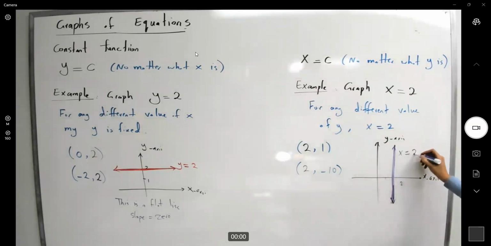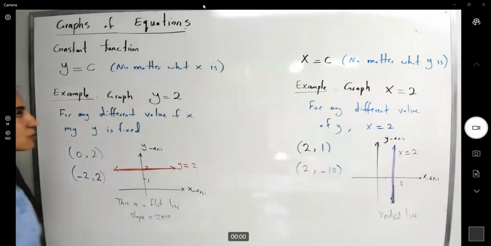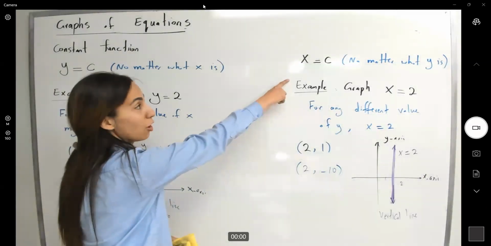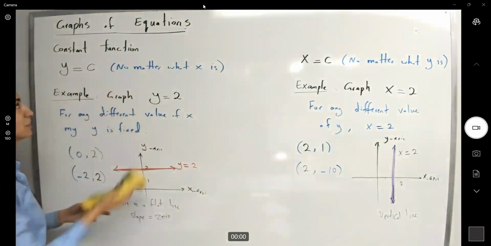X equals 2, vertical line. So this is a constant function, but this is just a line. Make sure you know the difference between them.